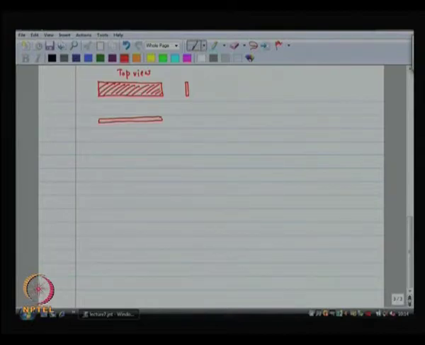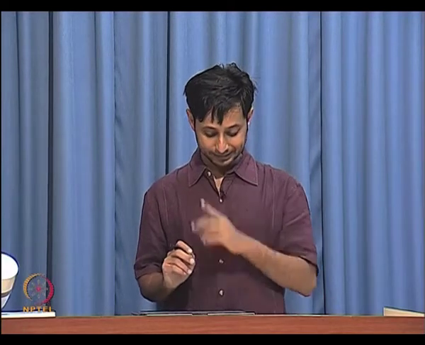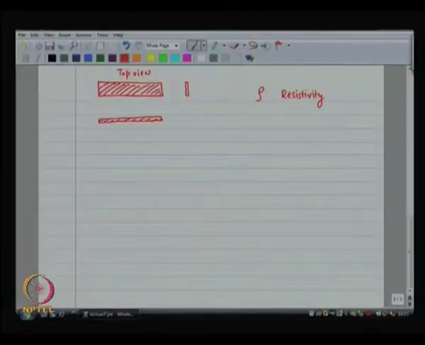It is made out of a material which has a resistivity of rho. What are the units of resistivity? Okay, let us come to the units a little later.